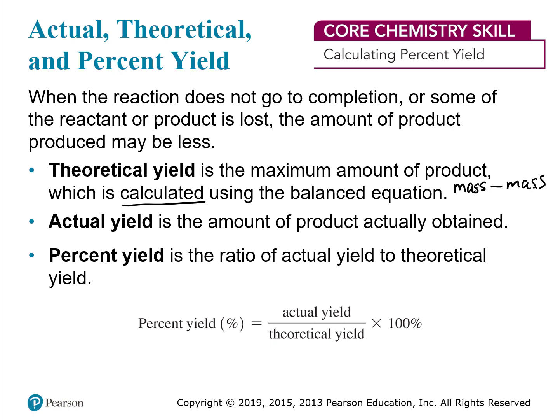The actual yield is what you obtain experimentally. And you'll always be told what that is in the problem. The percent yield is the ratio of what you actually make to the theoretical yield, or what you calculated you'd make. And then you multiply that by 100%.